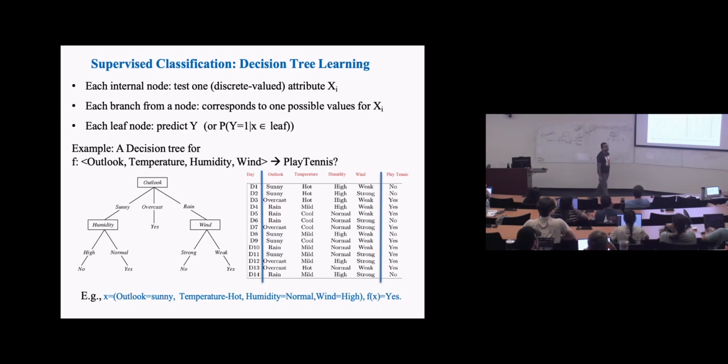Yes? So do you choose the highest correlation for your first variable? Yes. Good question. How do I know which variable to choose first? And that's exactly what we are going to teach in this decision tree induction algorithm. That's just coming. All right. Any questions so far?